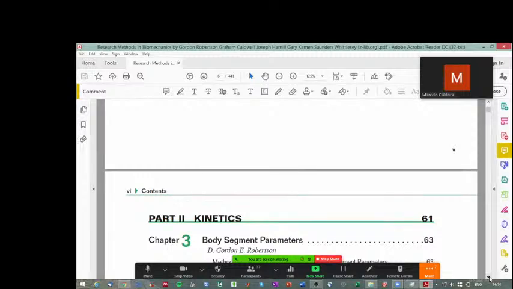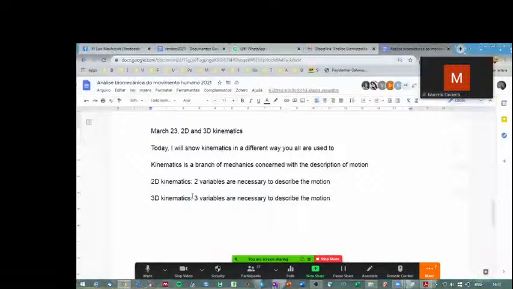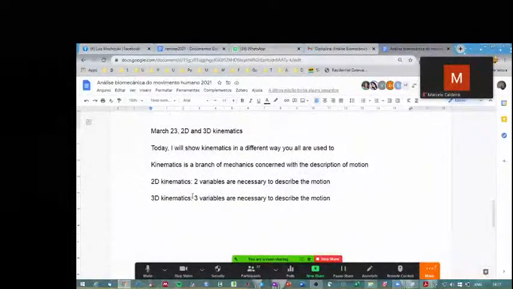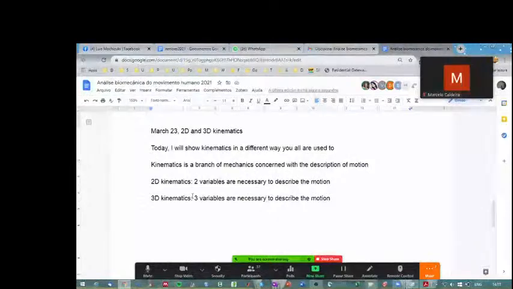So it means that, for example, I want to know the position. I want to know the kinematics. I want the position of the end point of my arm.